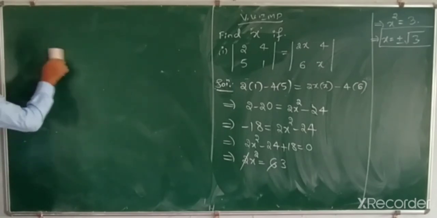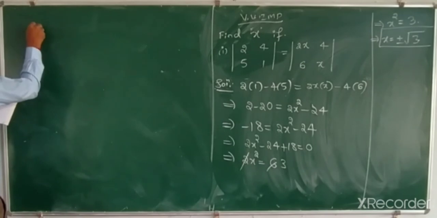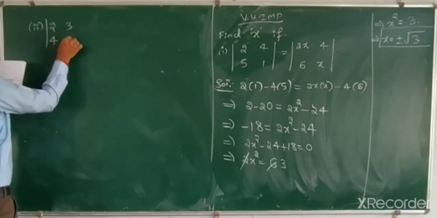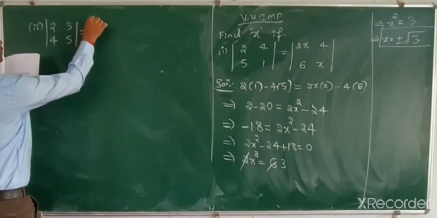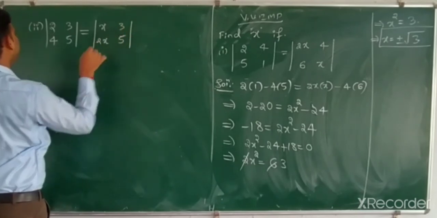Okay, the second one. |2 4; 3 5| is equal to |x 2x; 3 5|.